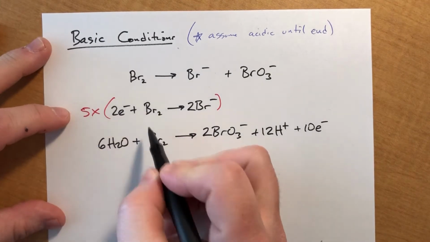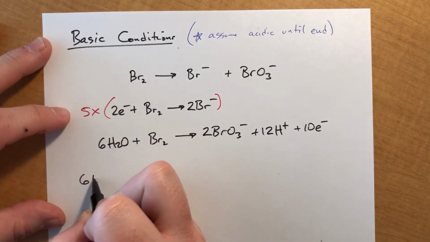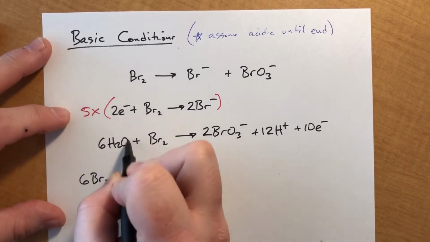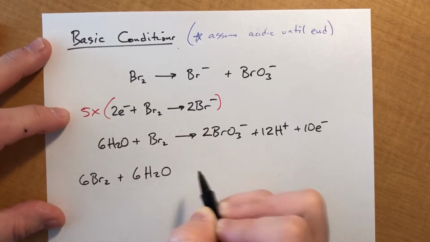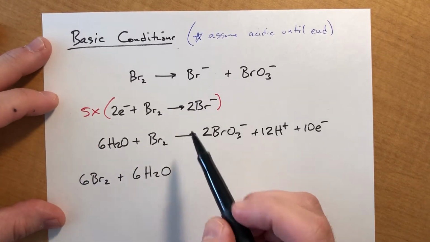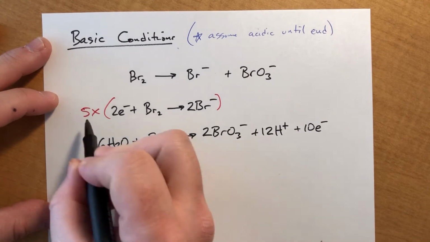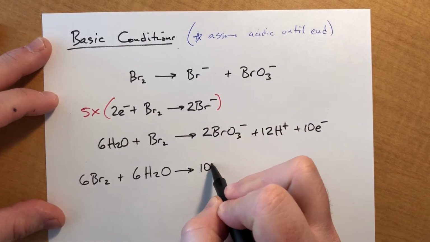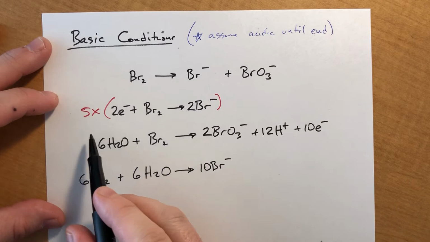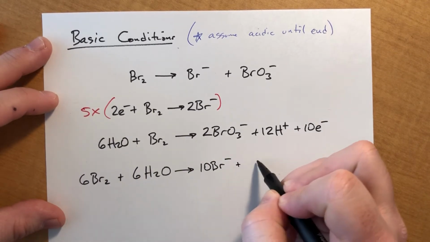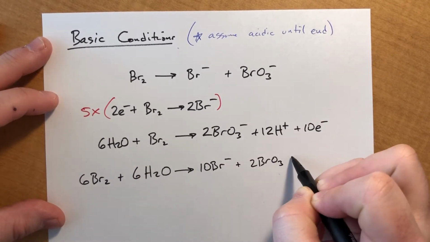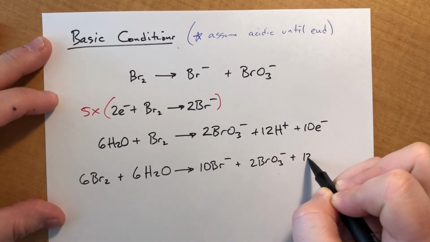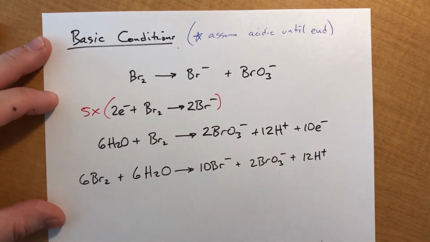So 5 Br2s plus this Br2 would be 6 Br2s. And then we have 6 waters from this reaction. We have 5 times 2 Br minuses, so that's 10 Br minuses. And then this one we don't need to scale up, so it's plus 2 BrO3 minus plus 12 H plus.